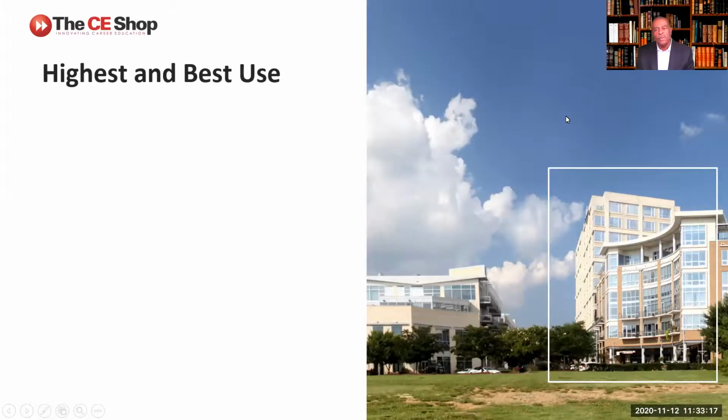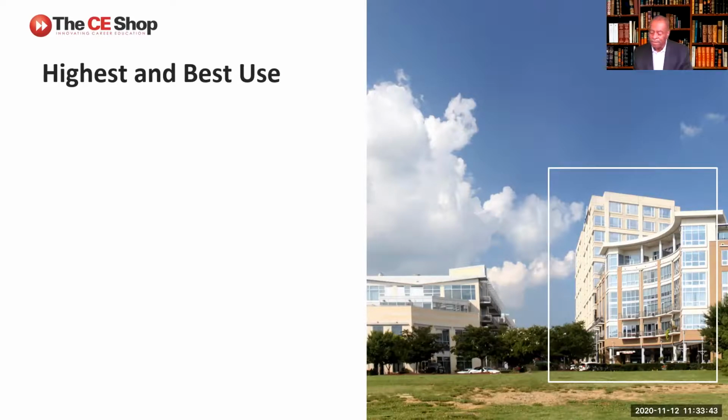Highest and best use. Now, more than likely, this term is used mostly for commercial properties. It may be obvious that a residential property is going to be a residential property. It may be obvious, but it's not always. So this notion of highest and best use comes into play.